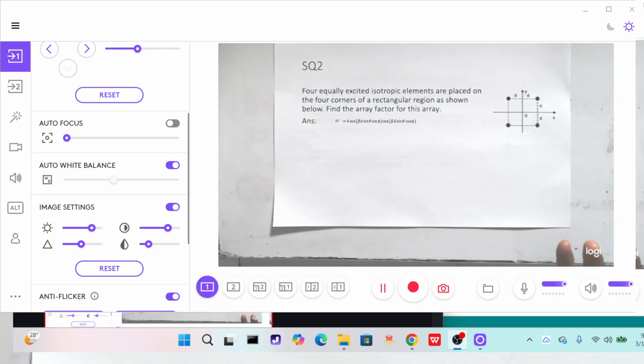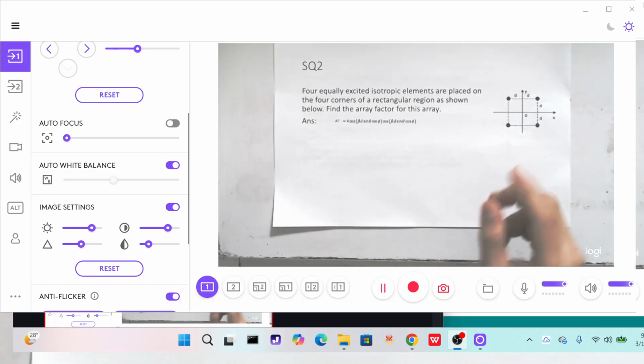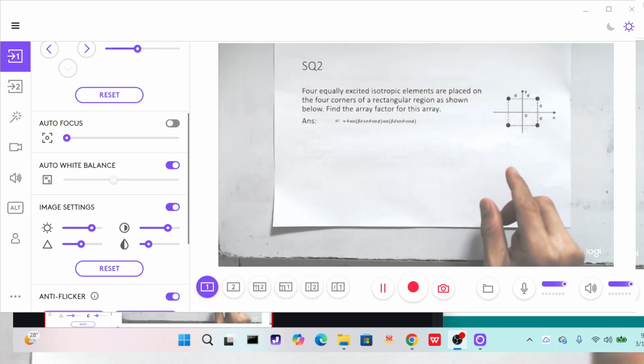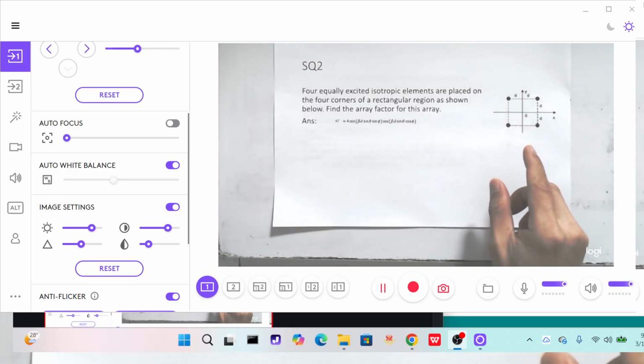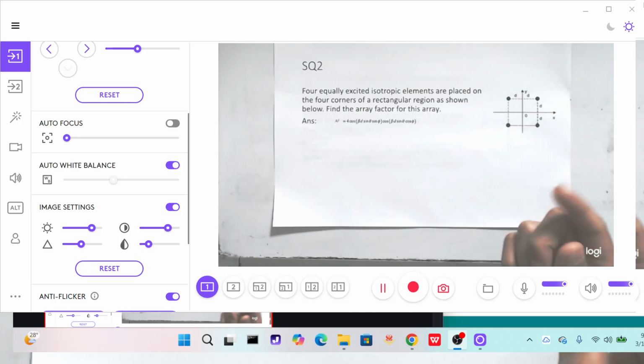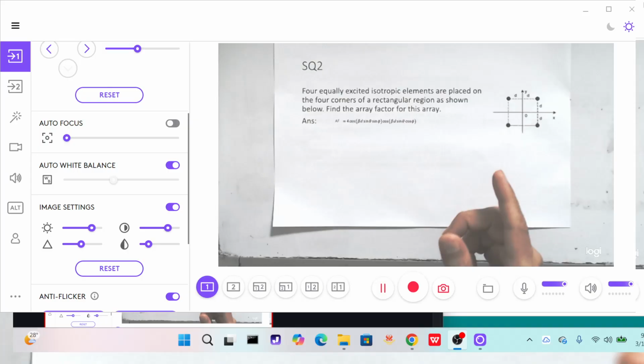And if you do that, for a rectangular panel array, it will be okay. But if there's some variation, then it's going to be very tricky.